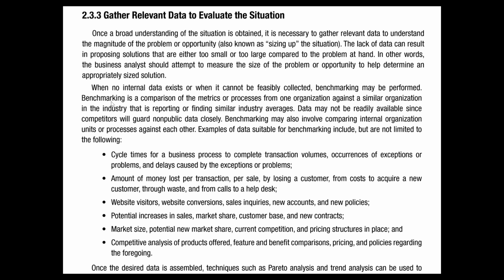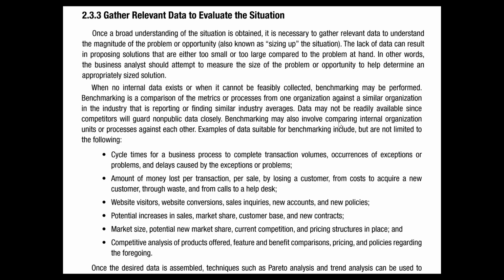And the definition itself says benchmarking is a comparison of the metrics or processes from one organization against a similar organization in the industry that is reporting or finding similar industry averages. Data may not be readily available since competitors will guard non-public data closely. So it is difficult to ask for another organization to give their data to you. They may not like to give you, but the public data which is available can be used.